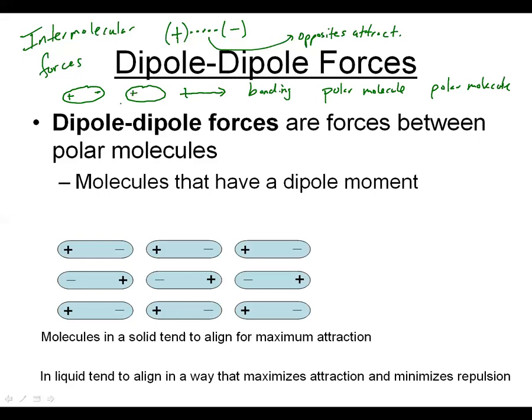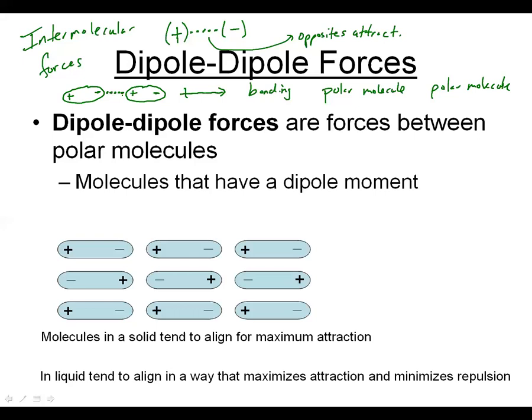Because they both have that positive and negative side, that is the area where they're able to interact with one another. It gives them a way to line up, come together, and attract one another.